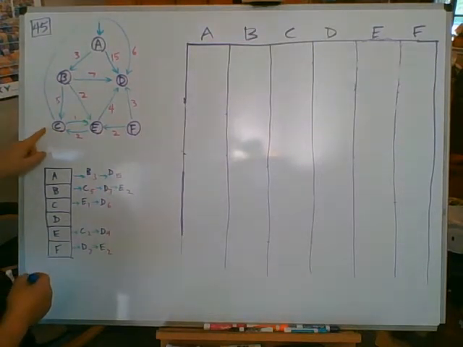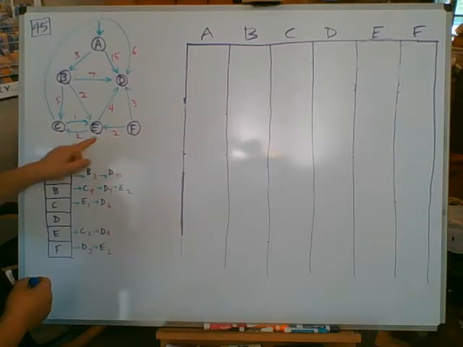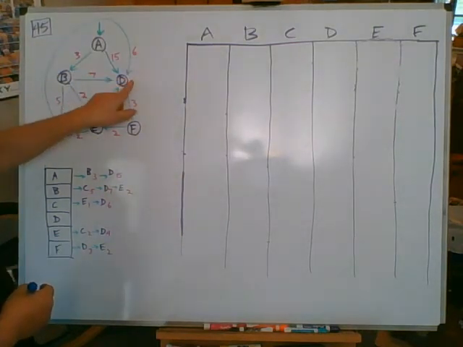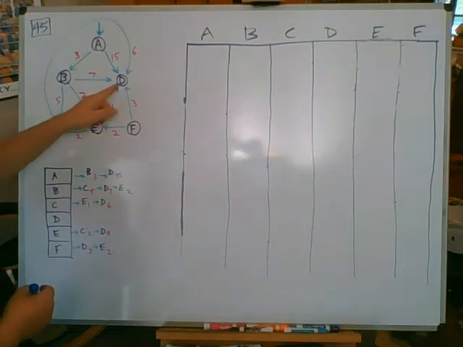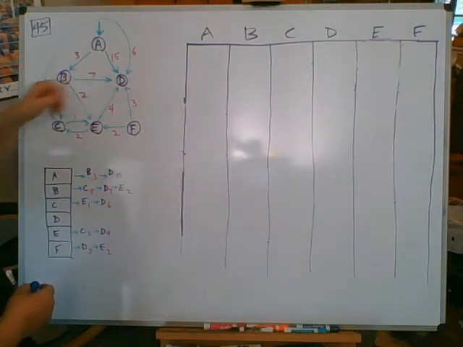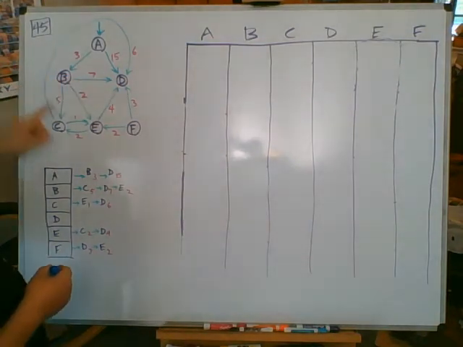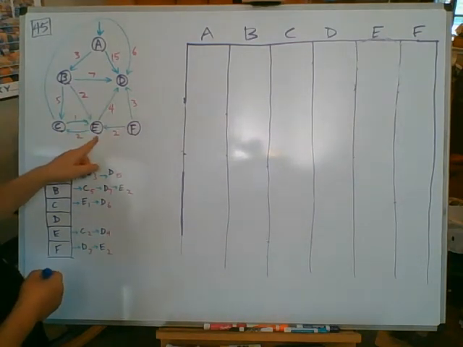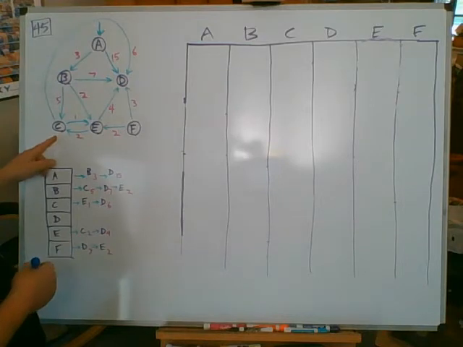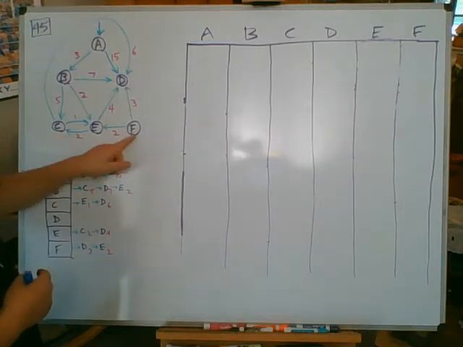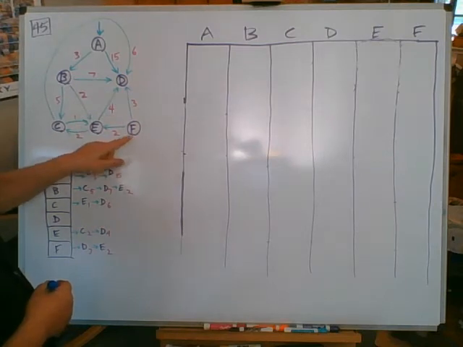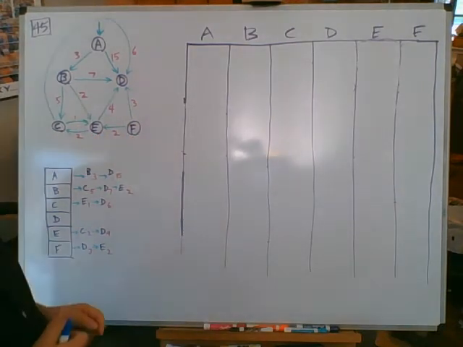Then from C to E is 1, C all the way back around to D is 6, D doesn't go anywhere. Everything's incoming to D. There's E to D with weight 4, E to C with weight 2. Last but not least, F to D is weight 3. F to E is weight 2.